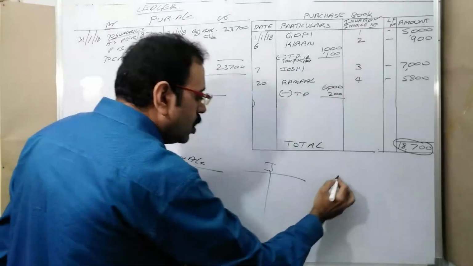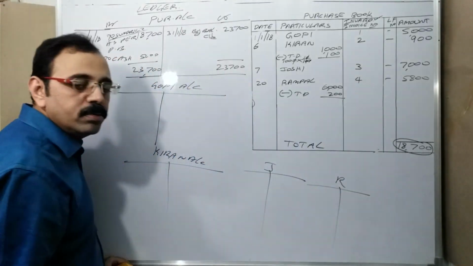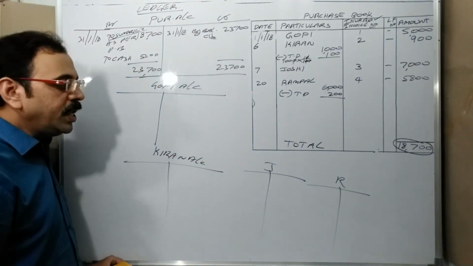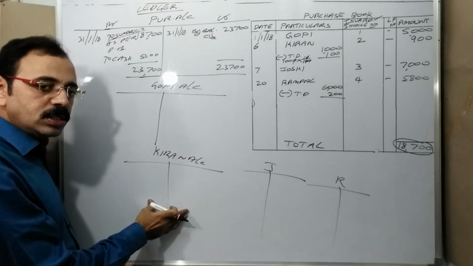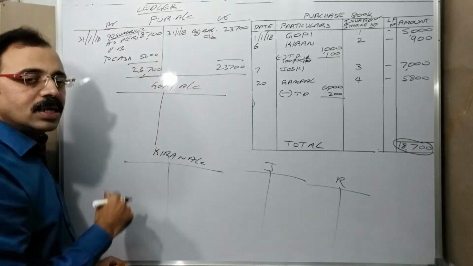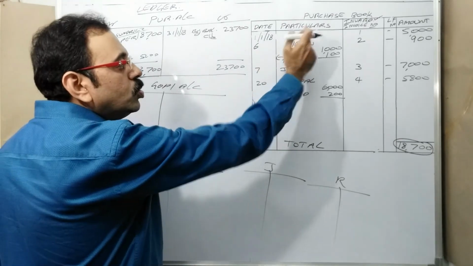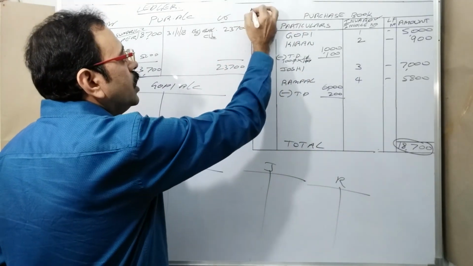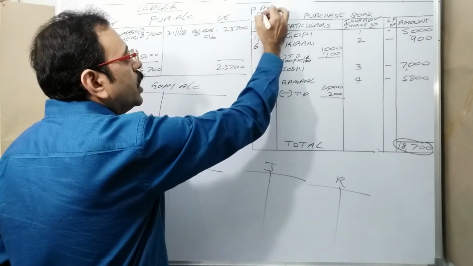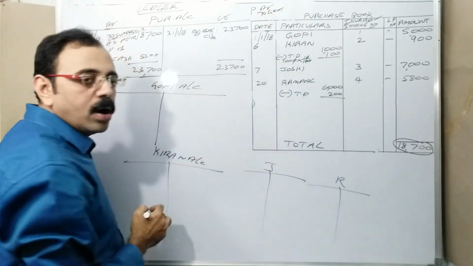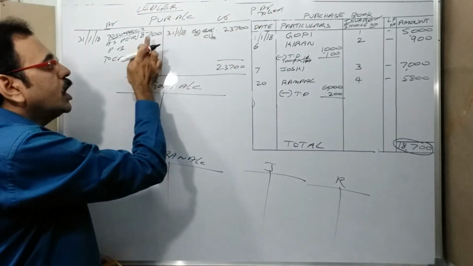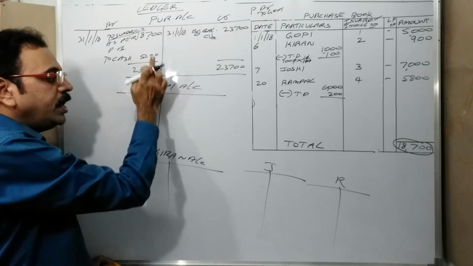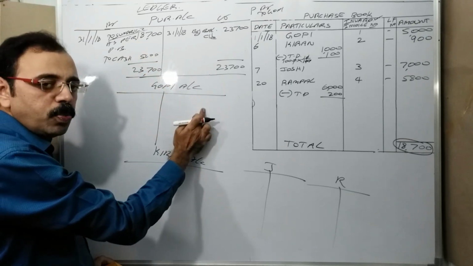We should open the Rampal account, one by one. In individual accounts, how to post this? One should recollect the journal entry. Purchased goods from Gopi. What is the entry? Purchases account debit to Gopi account. In the purchase account, we posted that on the debit side, and in the Gopi account, we should post on the credit side.